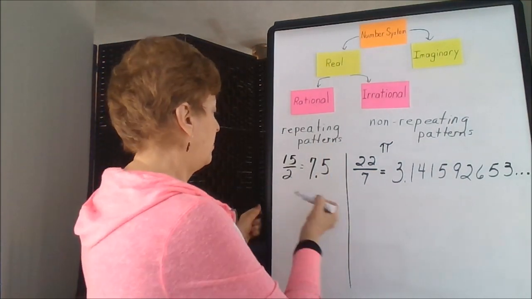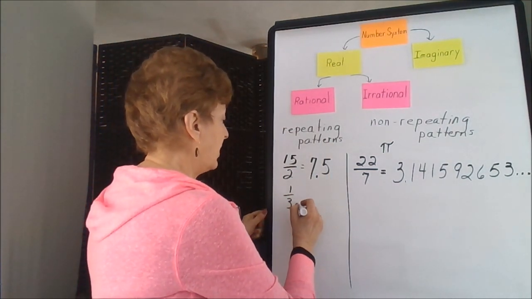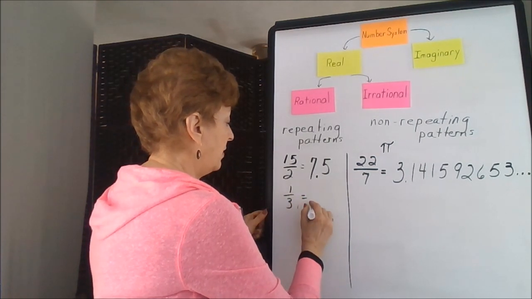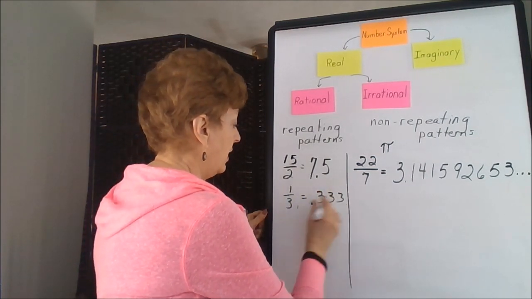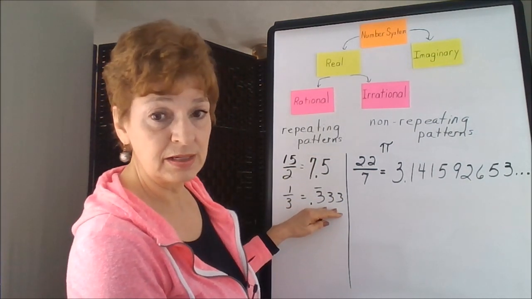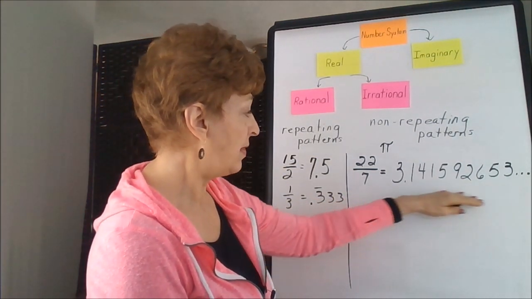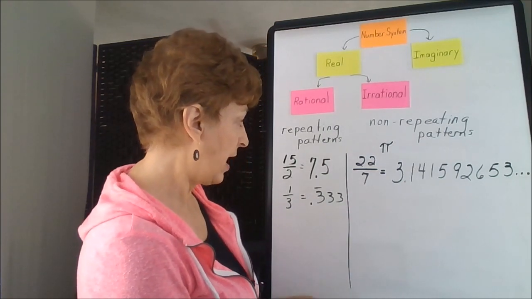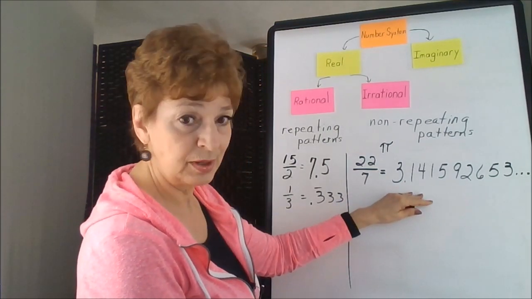Or the 1/3 gave us 0.333. It was a repeating pattern that had some continuity to it. So at any rate, there's an example of the fraction turned decimal.